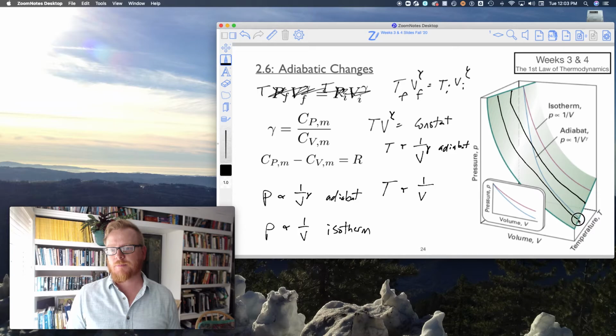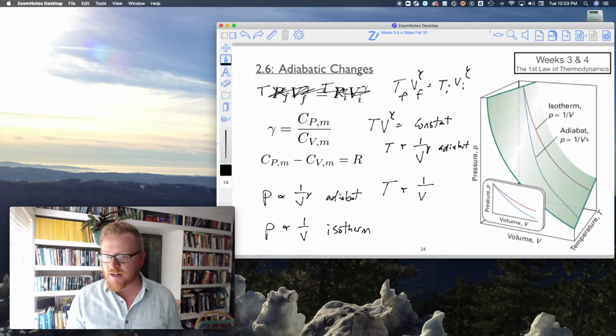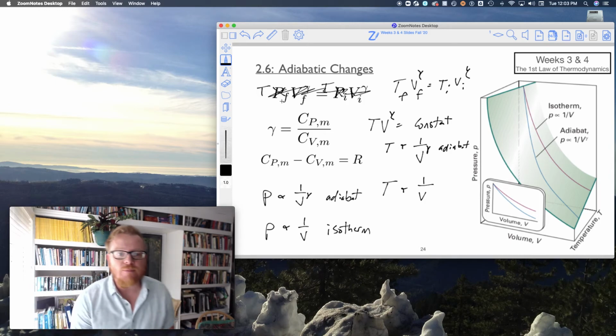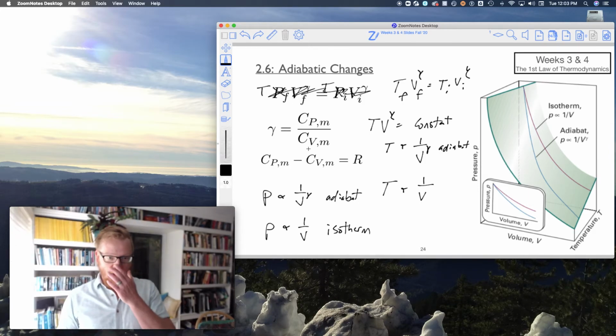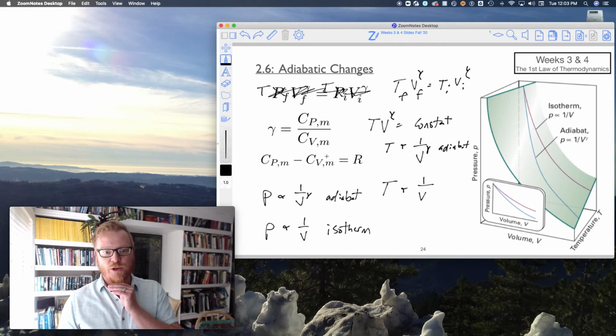But an adiabat, on the other hand, has this exponent: it's 1 over V raised to some power gamma. Gamma is the ratio between Cp and Cv. Whatever Cp and Cv are, we would still have to plug in an equation for Cv in terms of R, and we're going to do that next.